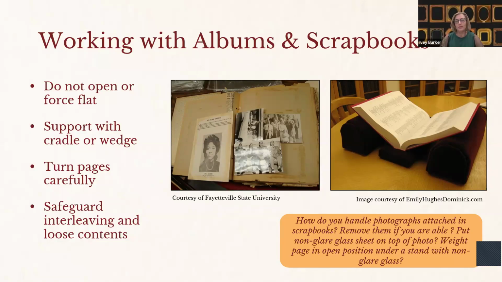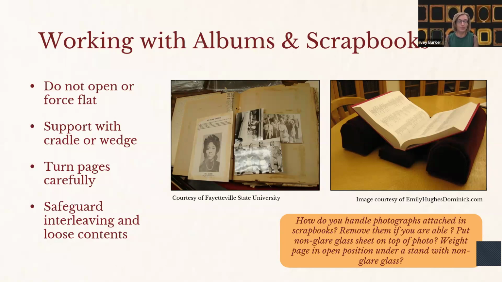Do not force an album or scrapbook to lay flat. The best way is to support the structure, whether that's a scrapbook or album, with cradles or wedges where it wants to gently open, and then just weight that. And then you can set up your system to photograph it in that situation.